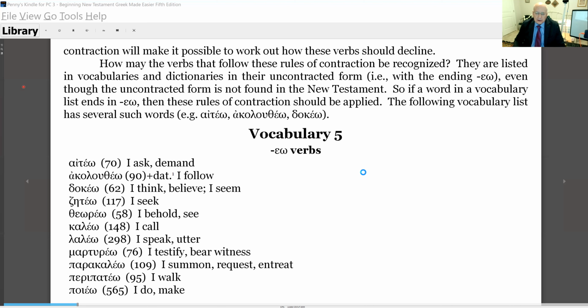So it's in these two forms, in the first person plural and in the second person plural, that we see a difference. Otherwise, it's just the accent. And the same will go for all of these verbs.